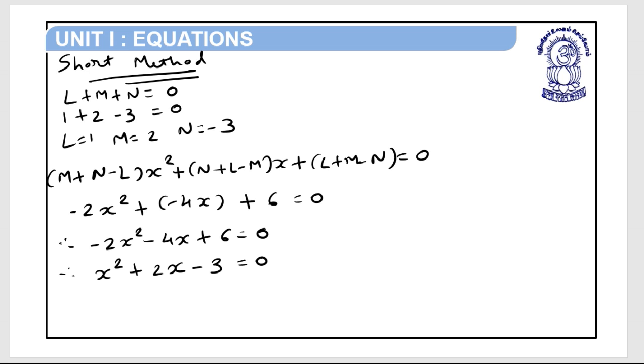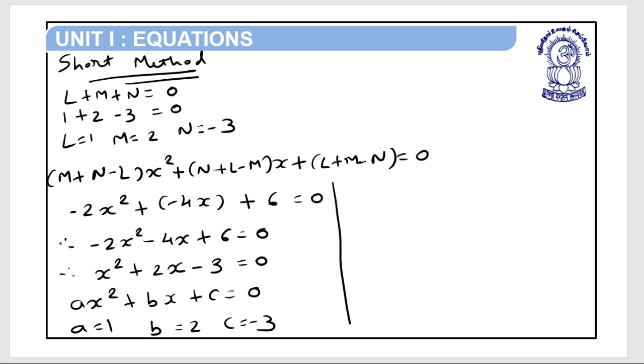Now compared with ax square plus bx plus c is equal to 0, a is equal to 1, b is equal to 2, c is equal to minus 3.